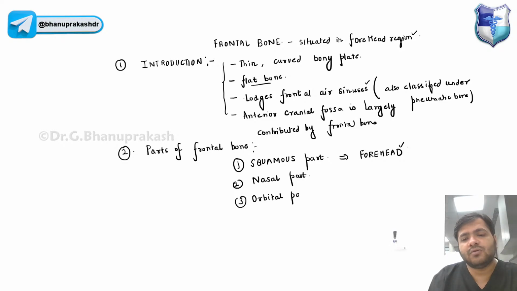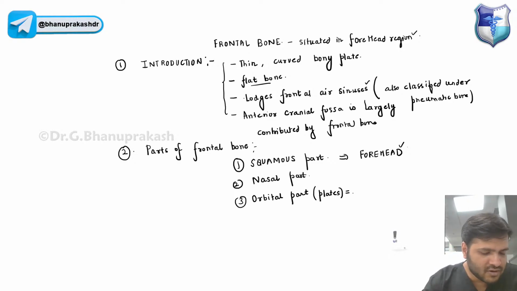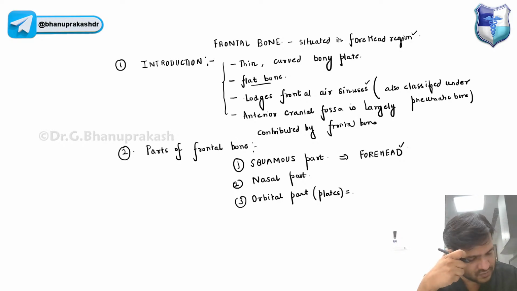And you guys are going to tell me how many orbital parts, or I can simply say orbital plates, will be there? The squamous part is one, the nasal part is one, but how many orbital plates will be there? I'm waiting for your answers in the chat box. Ankita Gayan, very good, it is two. Osama, very good.